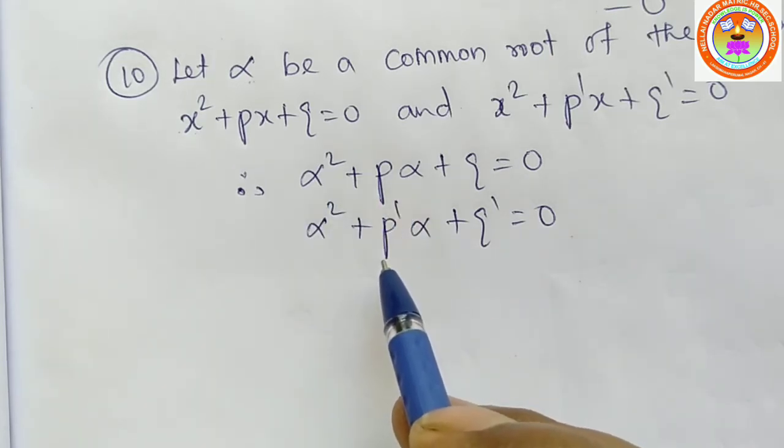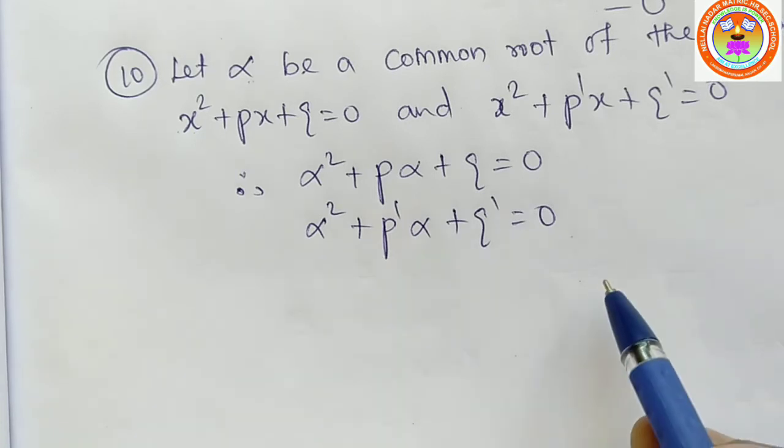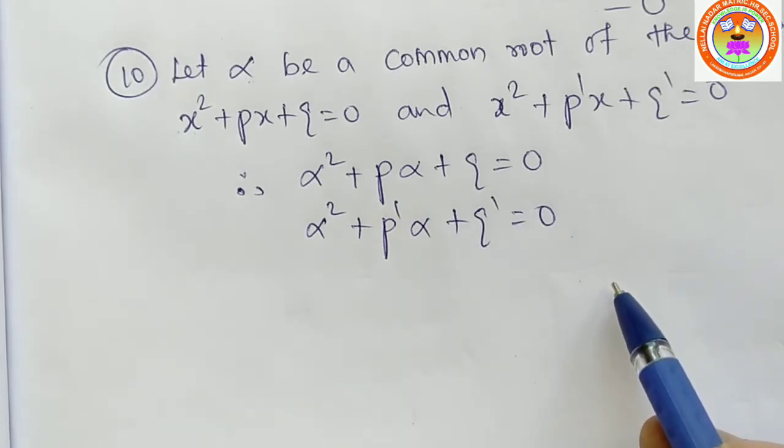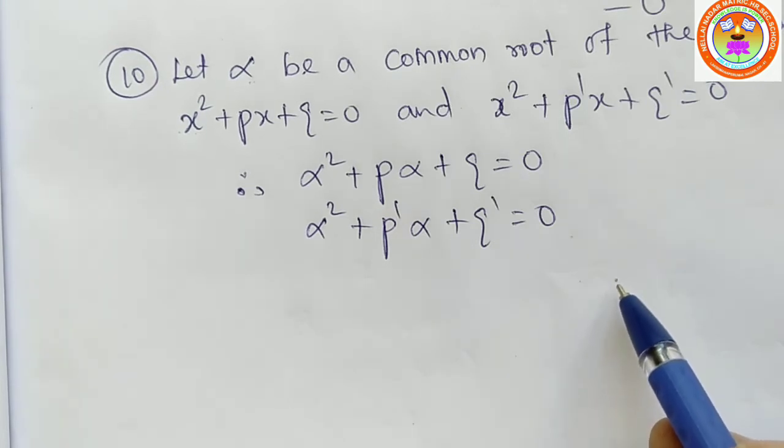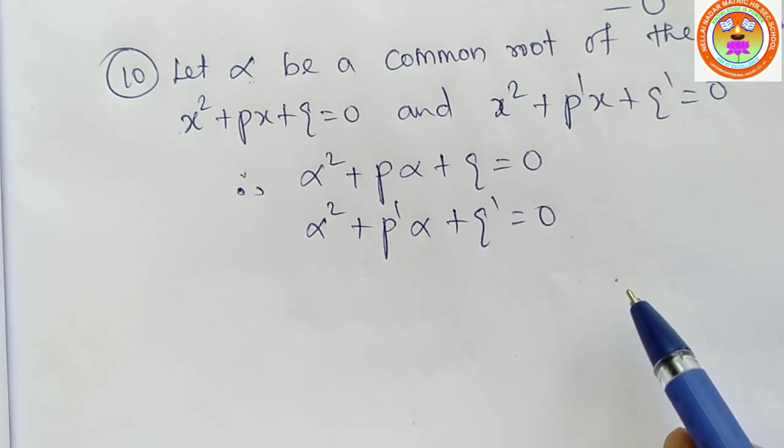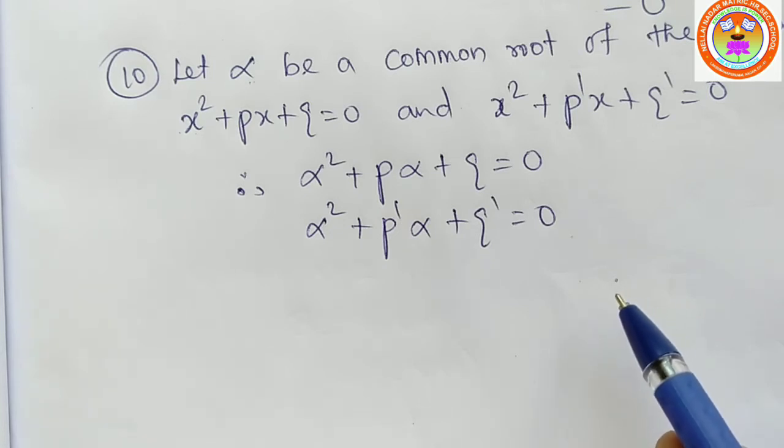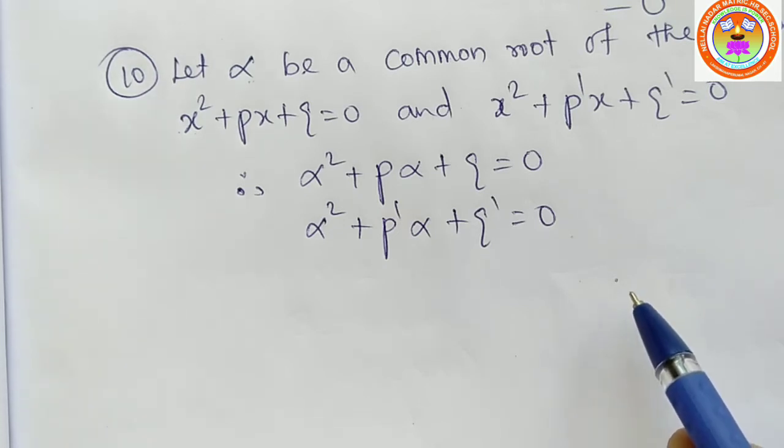We know very well the solving of system of linear equations. There are three methods. One is the substitution method, the second is elimination, and the third is the cross multiplication method. These three methods we have already studied in the lower classes, right?